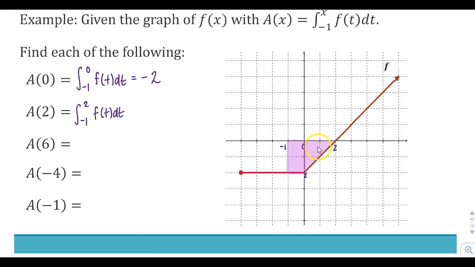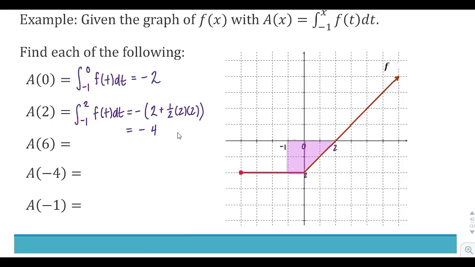So this triangle here has a base of 2 and a height of 2. So here's what we have. The total answer is negative, and we're going to have 2 plus 1/2 base times height. So the 2 was from the original rectangle, and then 1/2 base times height for the triangle. So we end up with -4 as our answer.